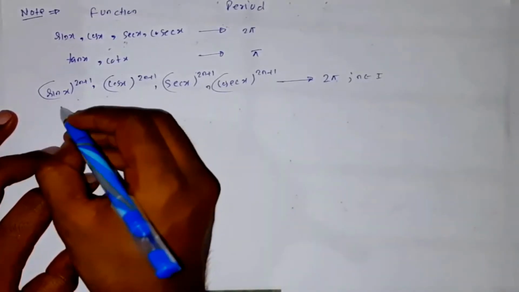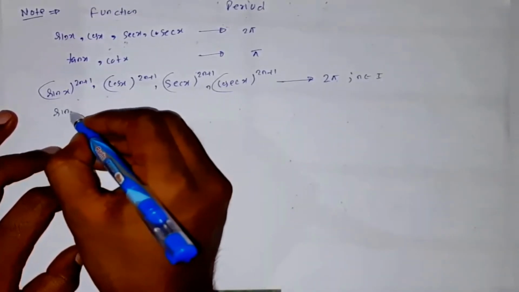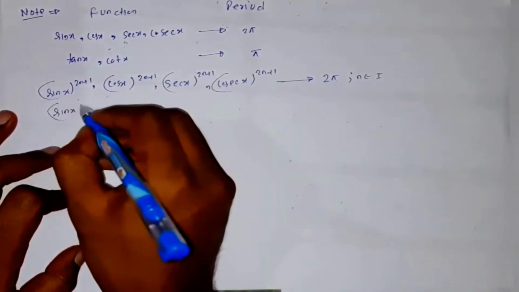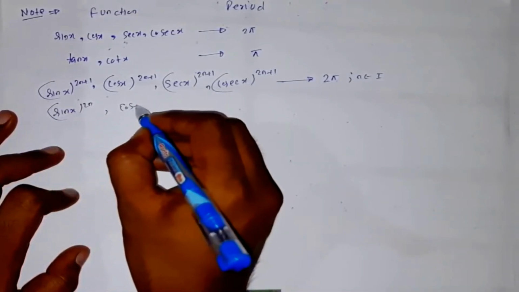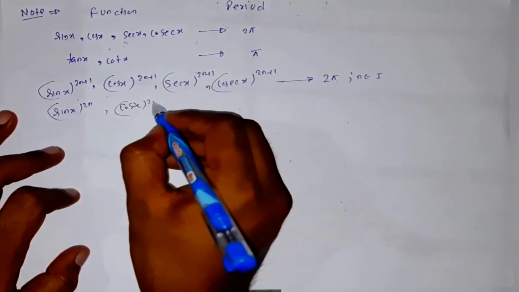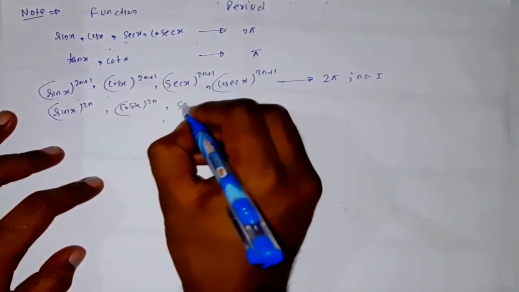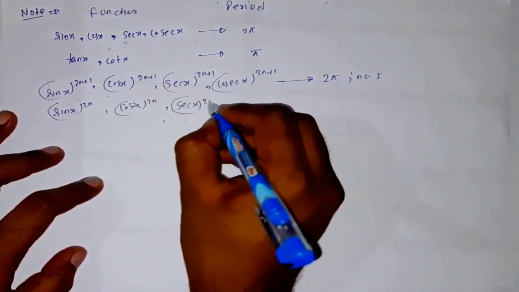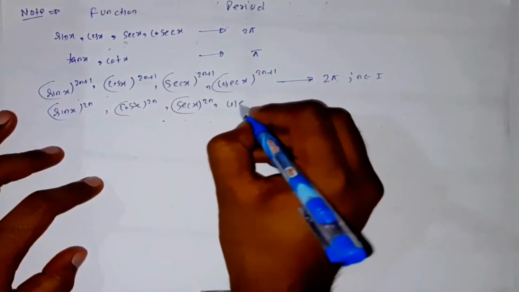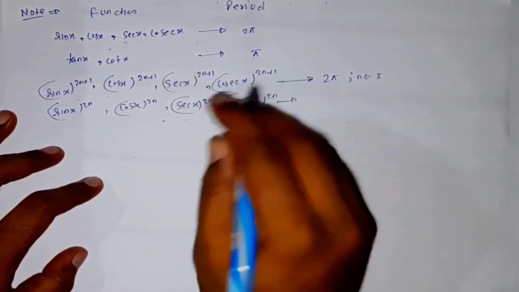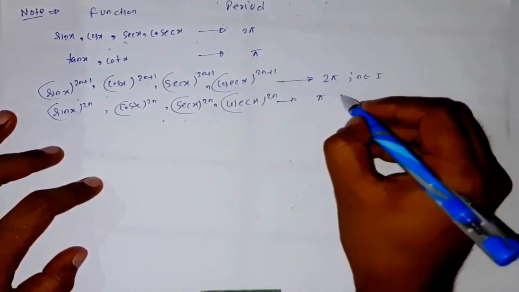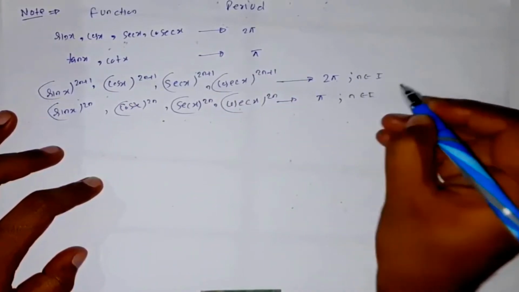Okay, sine of x to the power 2n, cos of x to the power 2n, sec of x to the power 2n, cosec of x to the power 2n. The period of these types of functions will be pi, where n belongs to integers.